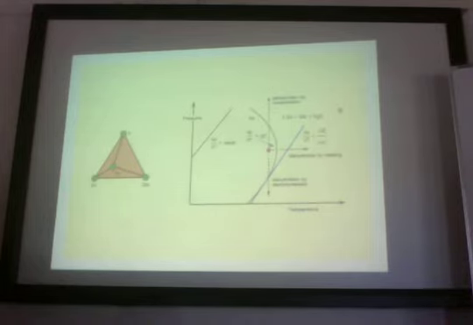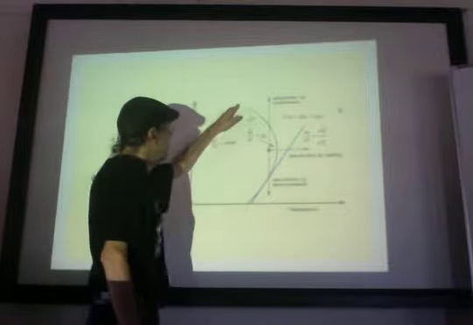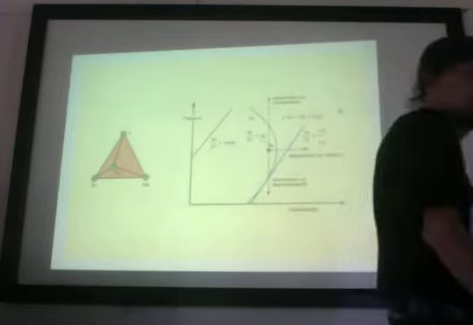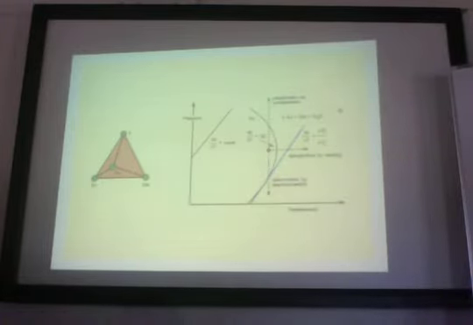Here we have just a solid-solid reaction, which is just a water-free reaction. It is just diffusion controlled. Whereas when we have these bends, then we have a dehydration reaction.